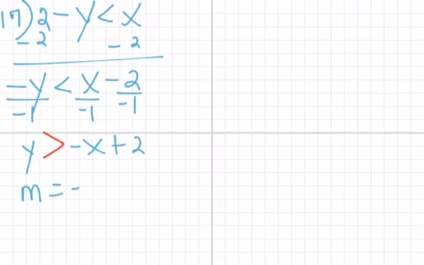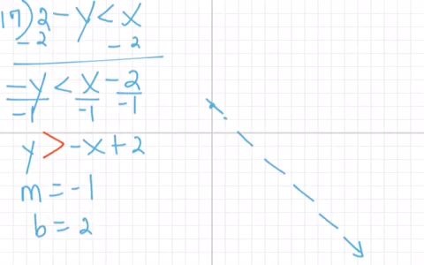So the slope is negative 1. The y-intercept is 2. So go up to 2 on the y-axis. Slope of negative 1 means to go down 1, right 1, down 1, right 1. And because this has less than, this graph will be dashed, not solid. Hopefully you can get your line straighter than I just did.